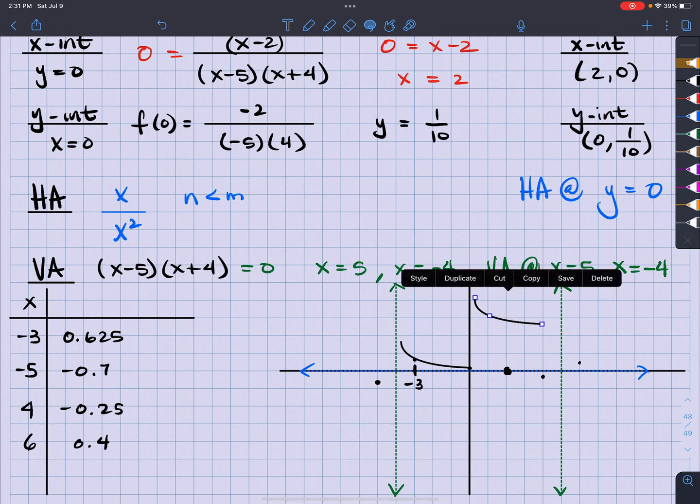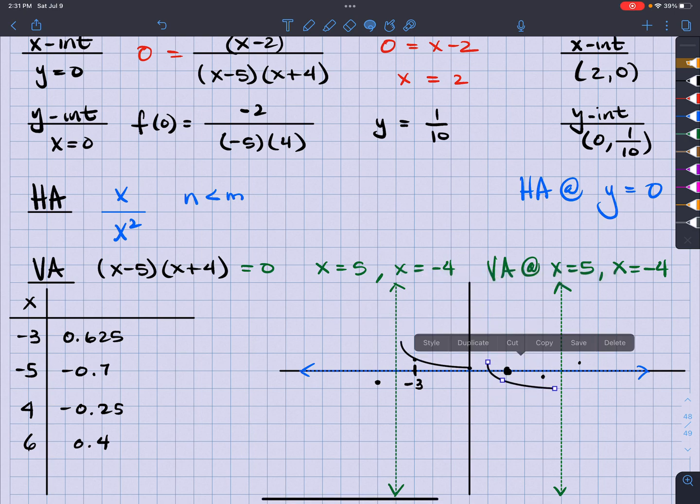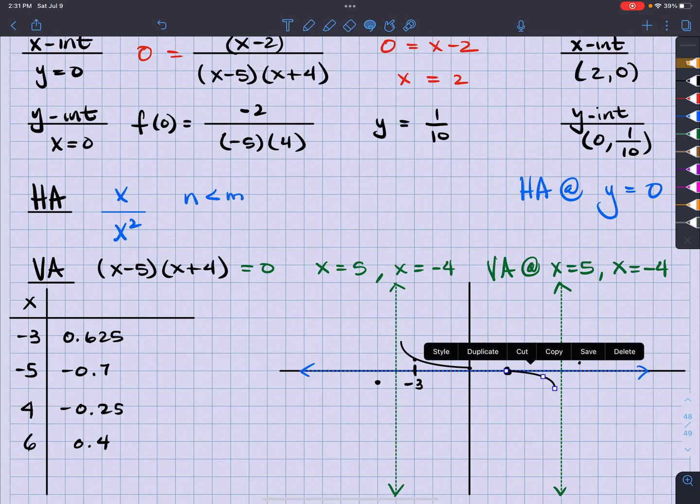A lot harder than it seems. Something like that.